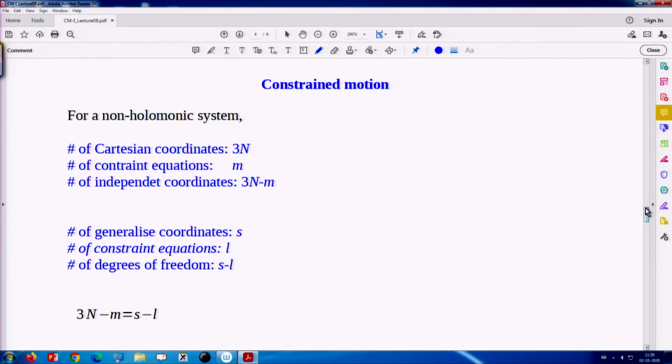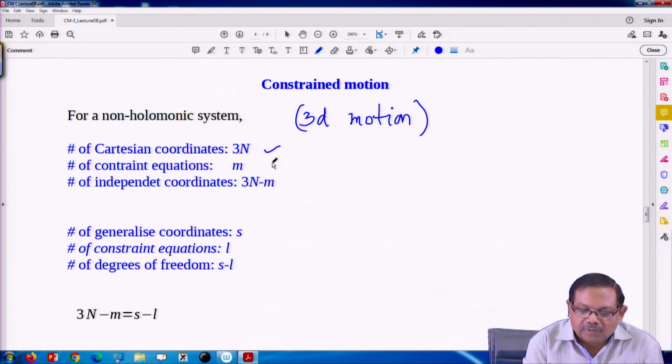So, suppose I have a non-holonomic system and that consists of n particles and motion is in 3D, 3D motion of a system of n particles. So, the number of Cartesian coordinates is 3n, the number of constraint equations is m. So, the independent degrees of freedom is 3n minus m.